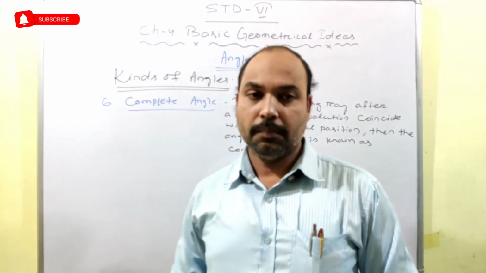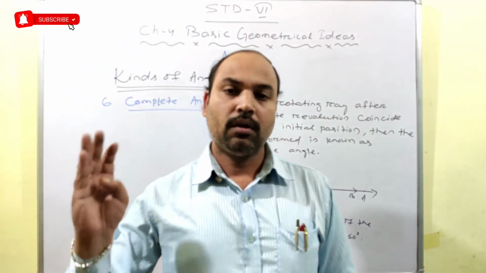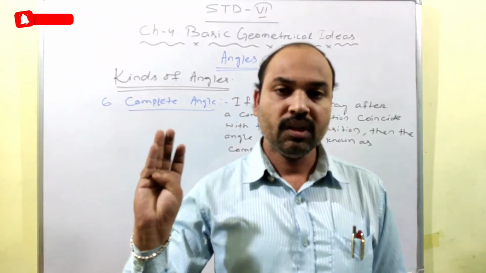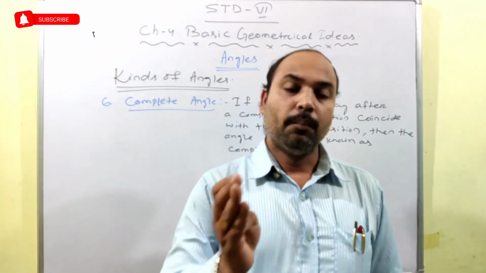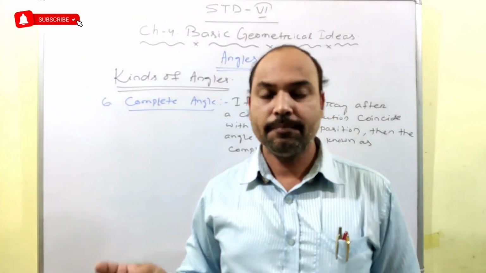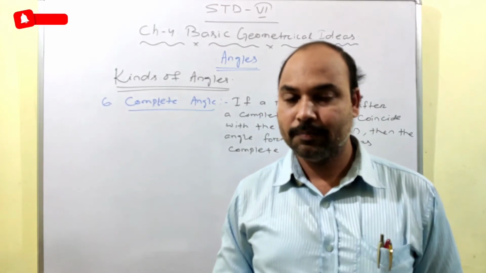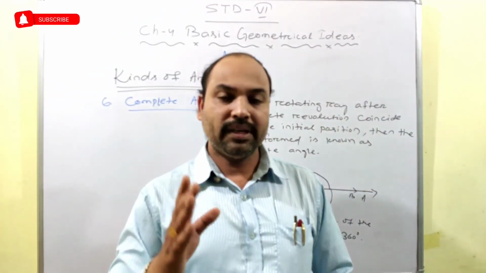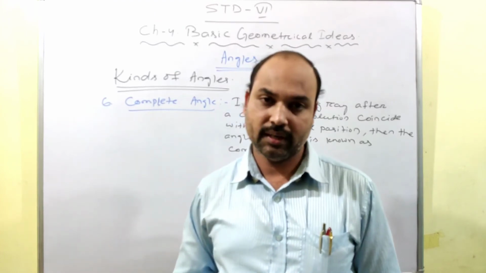I am telling you again from the starting for your recall. Number 1, your acute angle. Acute angle measure is more than 0 degrees and less than 90 degrees. Second one, right angle. The measurement of the angle is exactly 90 degrees. It is known as your right angle.